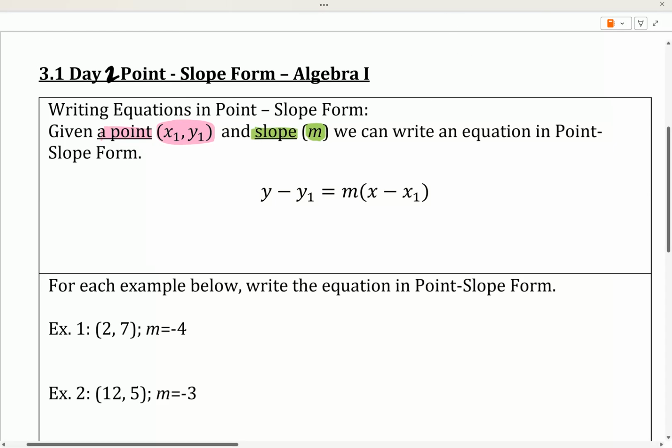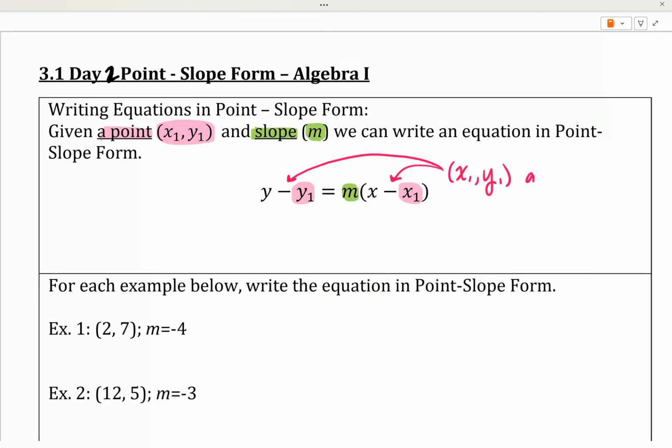So the equation in point-slope form says y minus y1 equals m, our slope, parentheses x minus x1, as we discussed yesterday. If we see subtraction, x1 and y1 are positive.